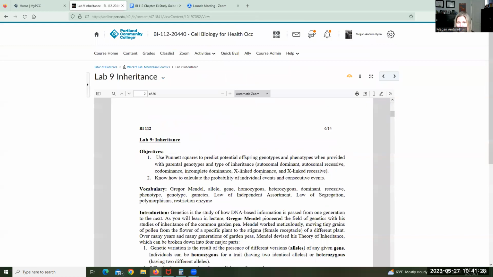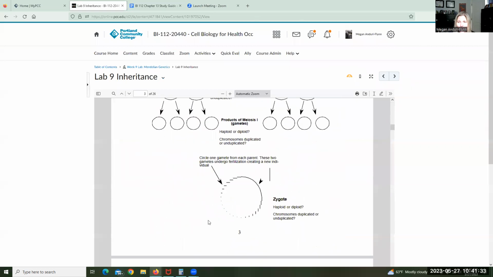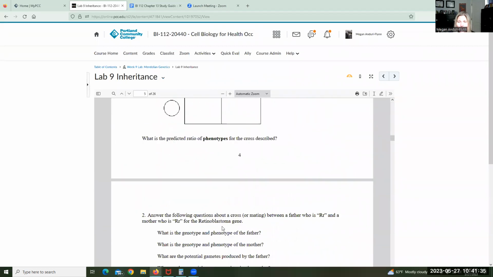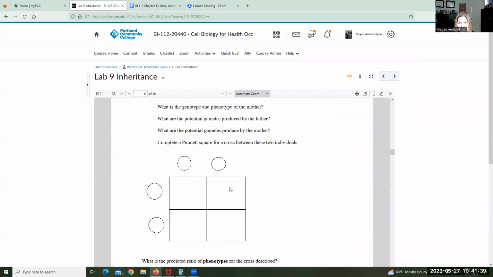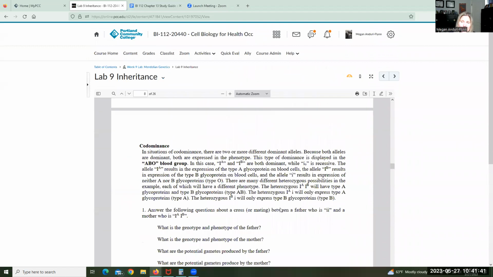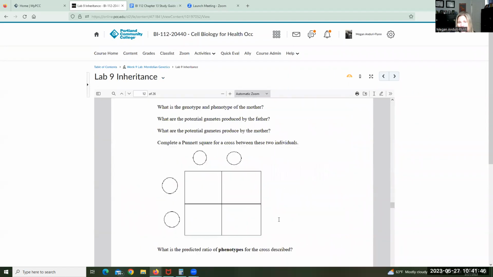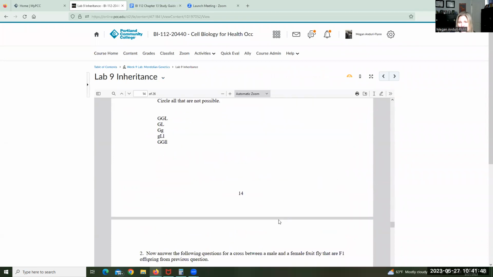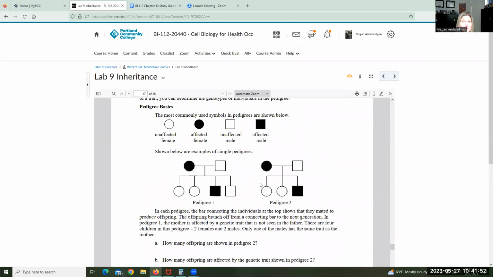Our lab is going to be pretty much just walking our way through all of the different parts of the Punnett square and setting them up for all sorts of different scenarios. We will also be looking at pedigrees, so setting those up as well and trying to figure out what each of the components mean. So we'll spend a lot of time on that during lab this week.